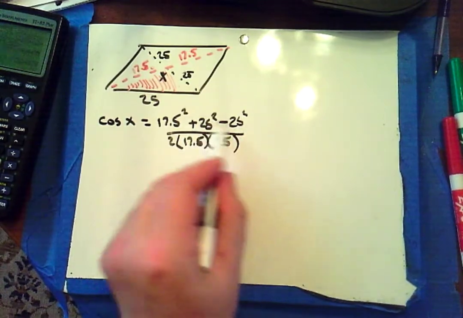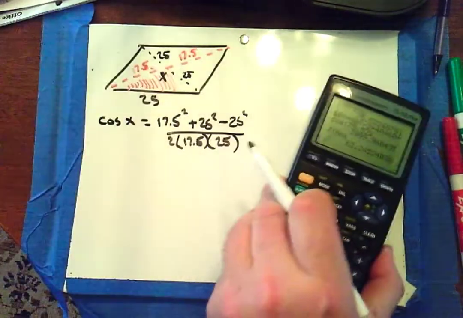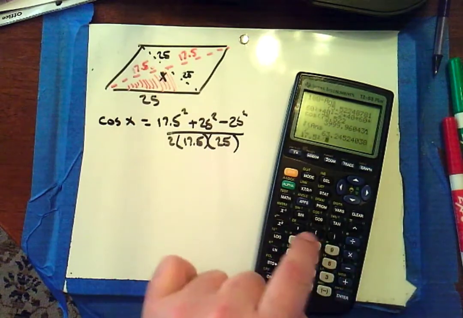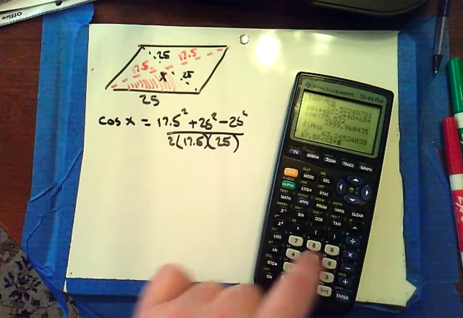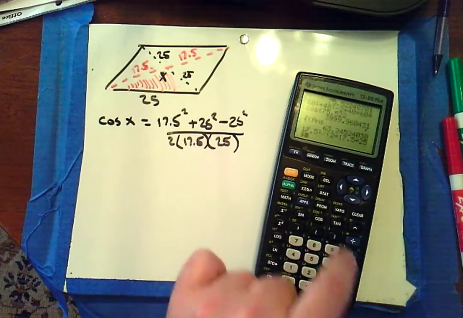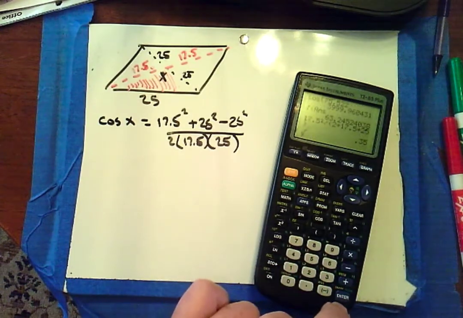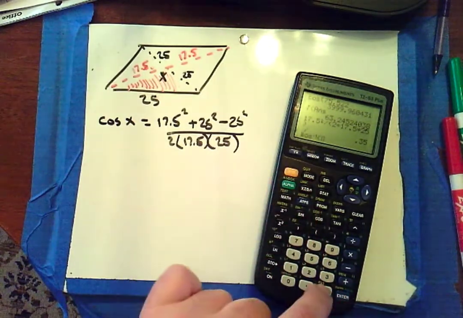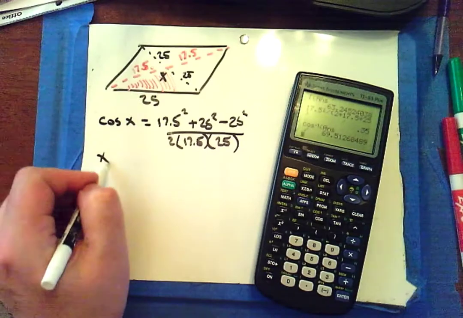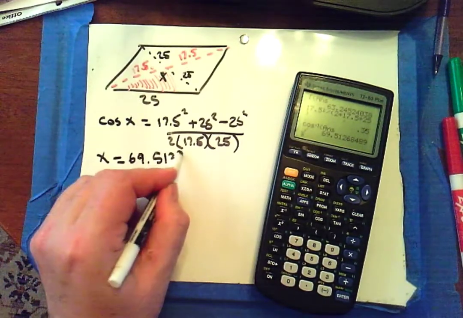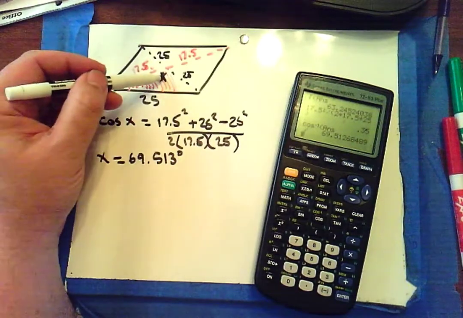Conveniently those cancel out, so the numerator is just 17.5 squared, and I want to divide that by 2 times 17.5 times 25. Okay, so that's our cosine value. If we do the inverse cosine of that, I get that x equals 69.513 degrees. So that's 69 degrees.